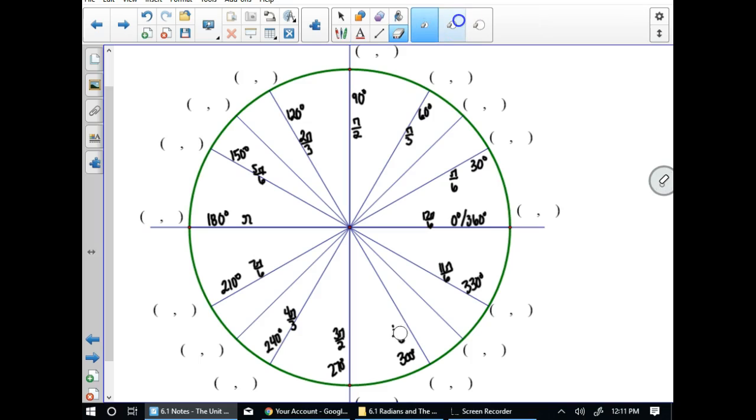And 10 pi over 6 is 5 pi over 3. So that reduces everything there.